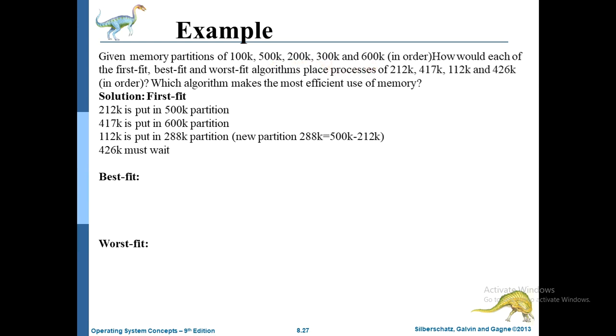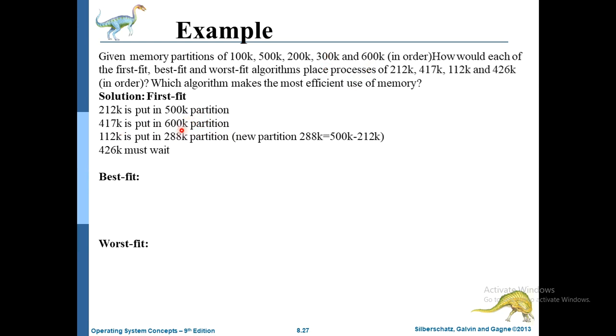Take the next one, 417K. Now compare this. Can you store this? No. Next is 288K. Can you store here? No. Next 200K. No. Next 300K. No. But 600K, yes, you can store 417K in the 600K space.